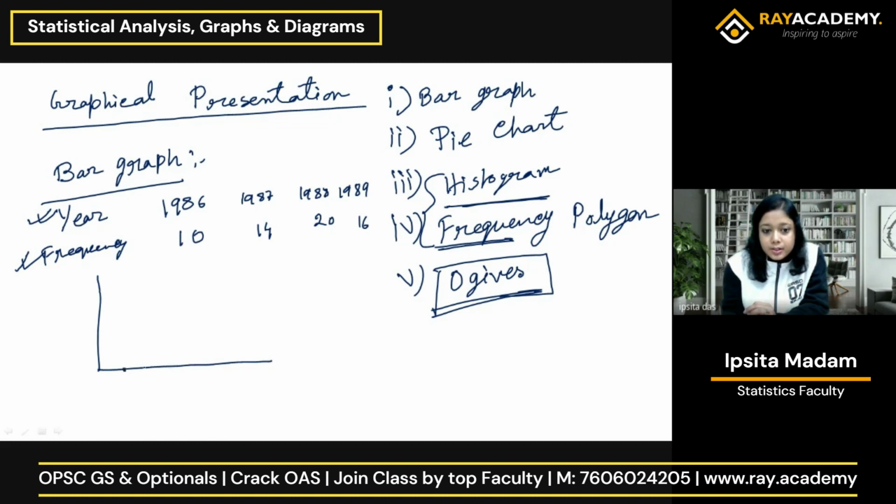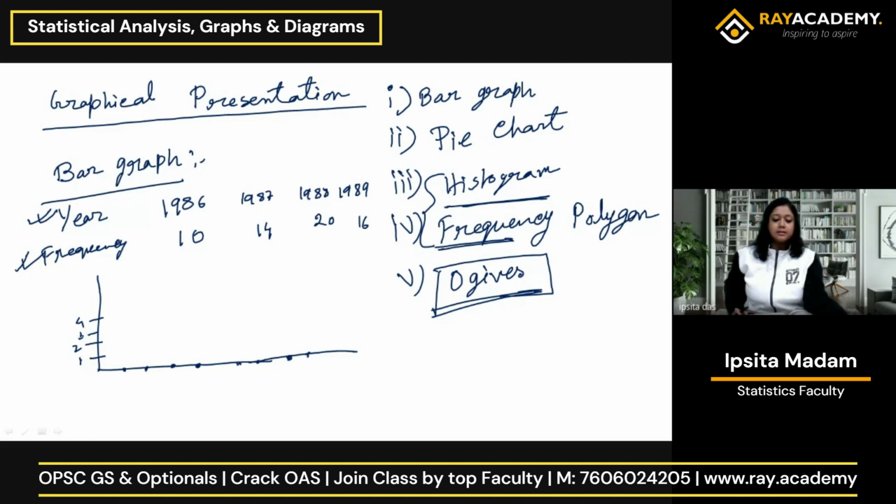Suppose this is allocated for 86, this for 87, this for 88, this for 89, and on the y-axis 1, 2, 3, 4, and so on, according to our data.